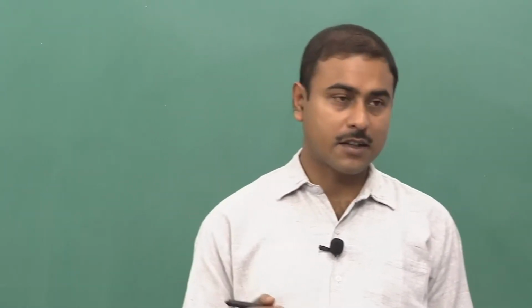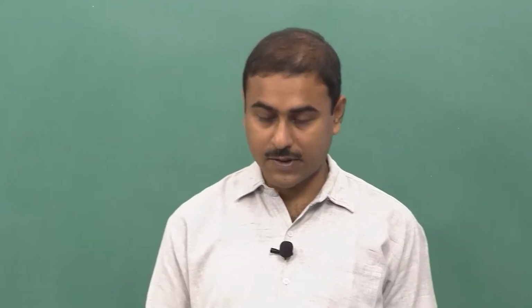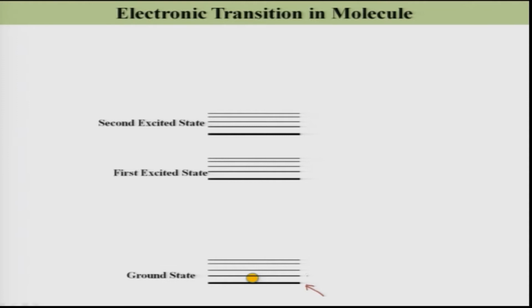As I told you earlier, molecules have different electronic energy levels, and each electronic energy level has different vibrational levels. Here I have shown the ground electronic level of a molecule, with its different vibrational levels.